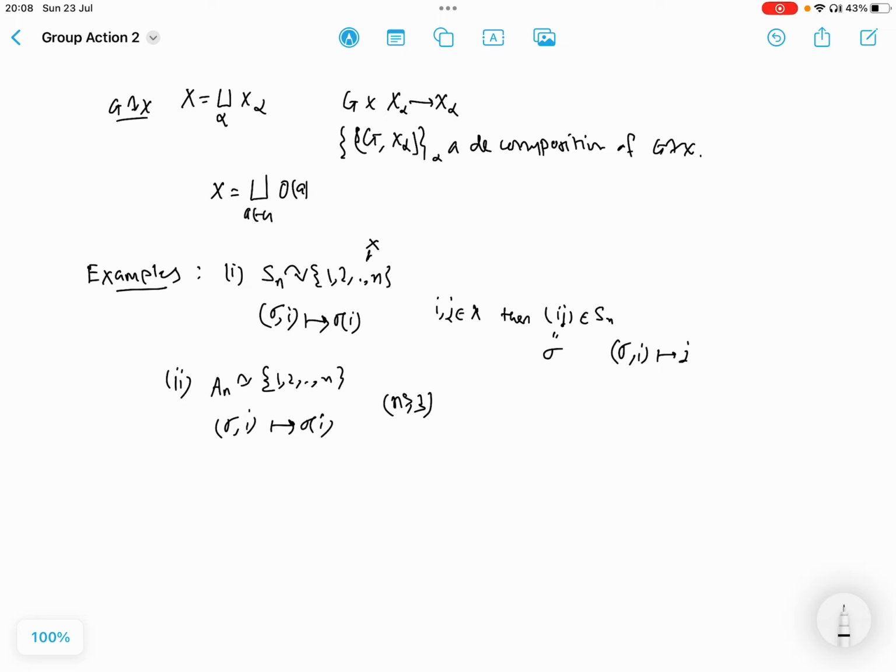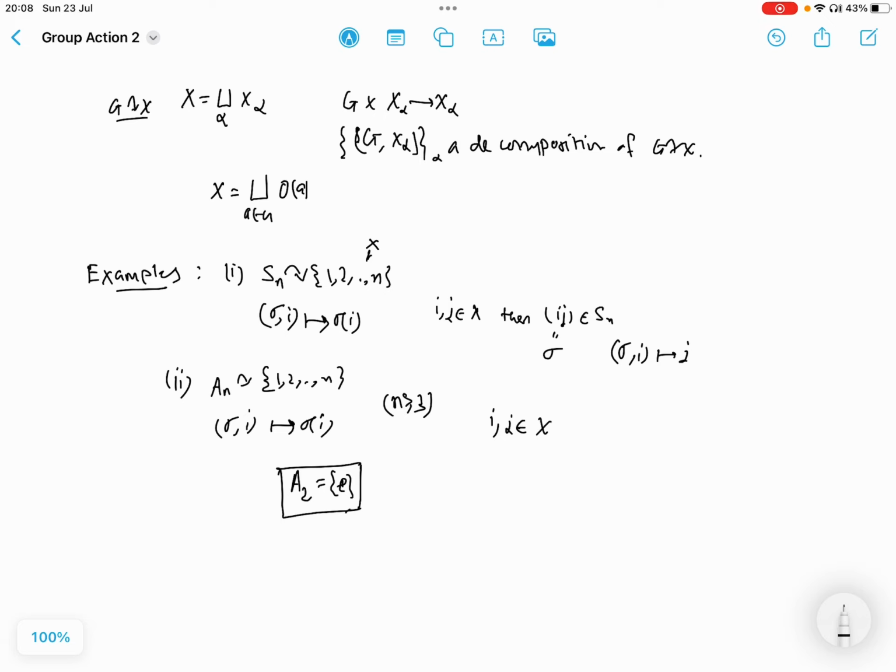Like, what is A_2? It's just the trivial group, right? Because S_2 is just isomorphic to Z_2 and A_2 is a proper subgroup of Z_2. So yeah, this is the trivial group. So this action will not be transitive because there is only one element, the identity.